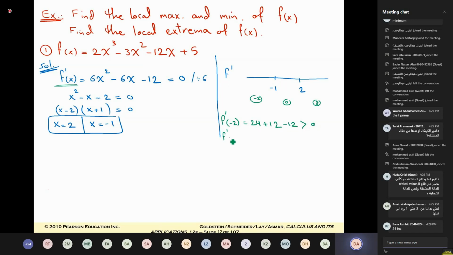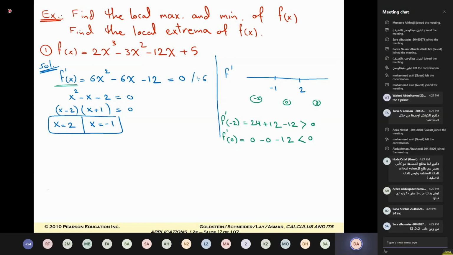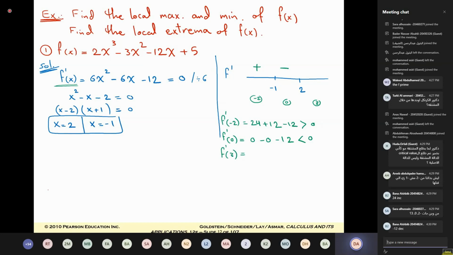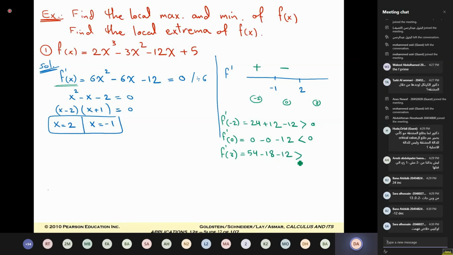f prime of 0 equal, substitute 0, minus 0, minus 12. So we have less than 0, negative. So the first positive, the second negative. The last one, f prime of 3. We have 3 squared, 9, 9 multiply 6, 54. 3 multiply -6, -18, and -12, we have positive.